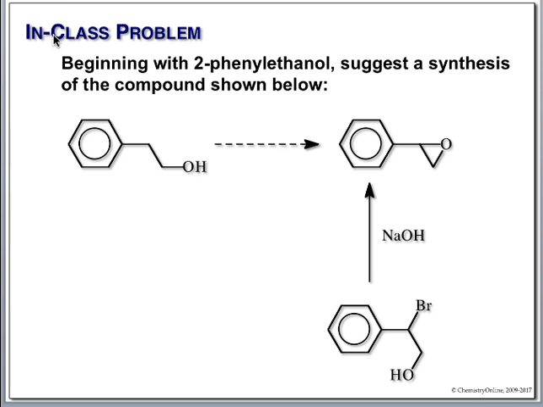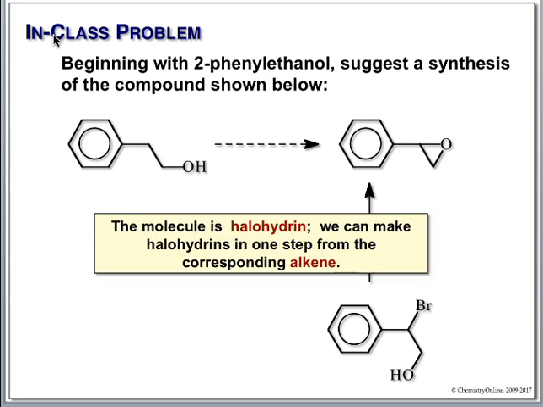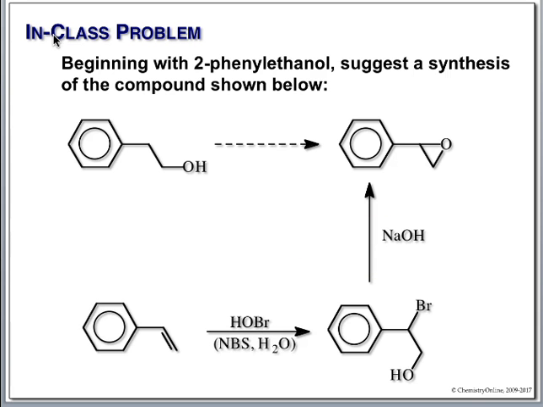We make halohydrins from alkenes. What alkene will we need here? We simply need styrene. React this with HOBr. Do our ring closure here with sodium hydroxide, and we've got our compound.